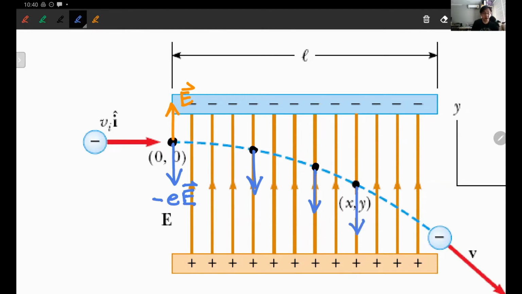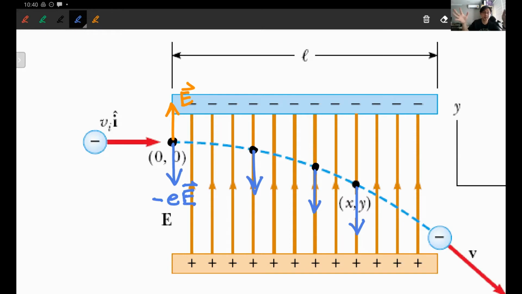This is trying to mimic the scenario when you throw a ball from the roof or from a bridge, and the ball does projectile motion down to the ground at the lower level. So this represents what is going on with a charged particle that tries to move perpendicular to the electric field.